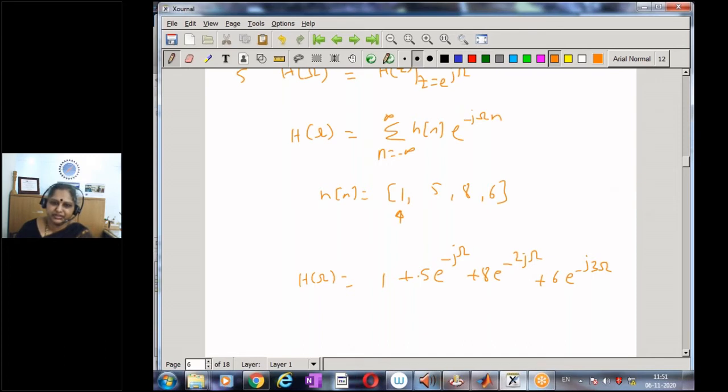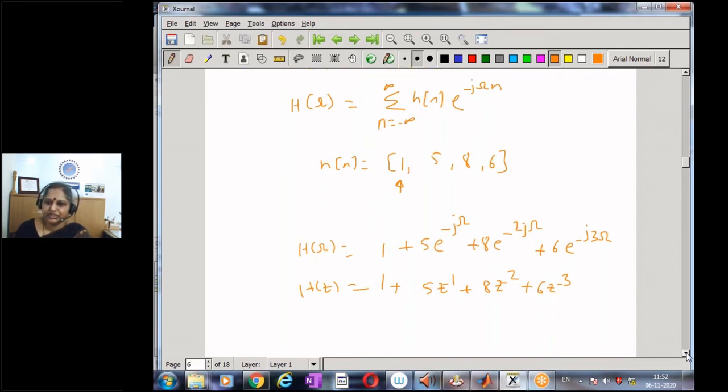Even if I had to take the Z transform, my Z transform was 1 plus 5 Z inverse plus 8 Z power minus 2 plus 6 Z power minus 3. Even if I replace Z by e power j omega, I get the same result. Whether I do it from the impulse response and the definition of the frequency response, or from the Z transform by replacing Z by e power j omega, I get the same expression for my frequency response H of omega.